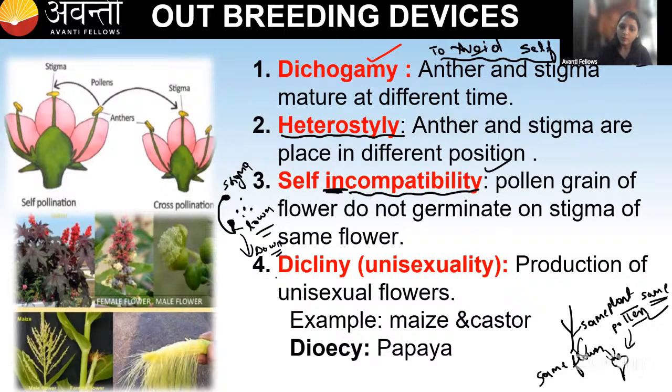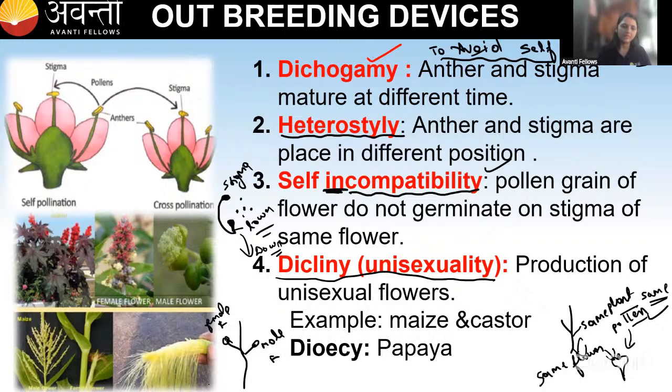Then coming to the fourth one, that is called diclinism. Diclinism means the production of unisexual flowers. In the same plant, it is going to produce the male flower and the female flower.